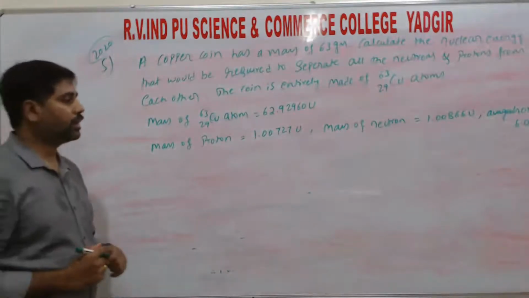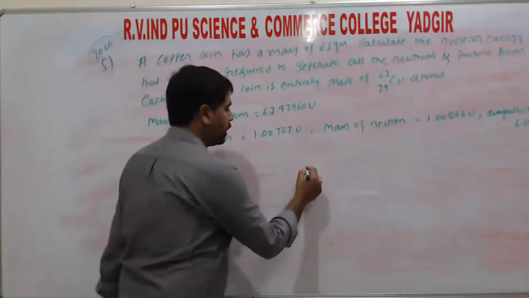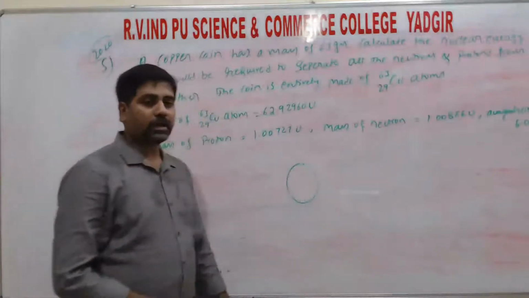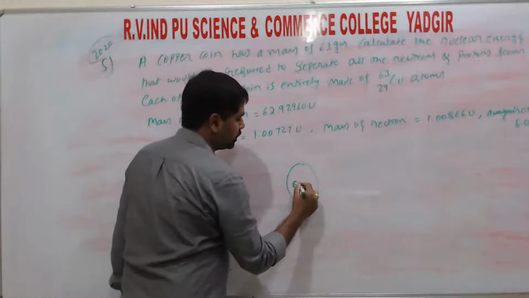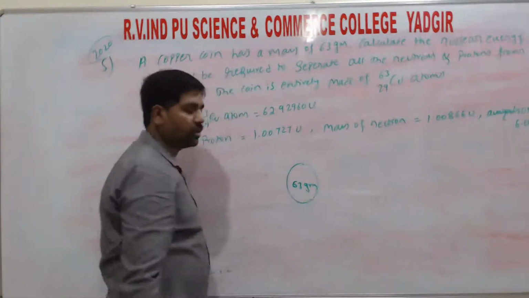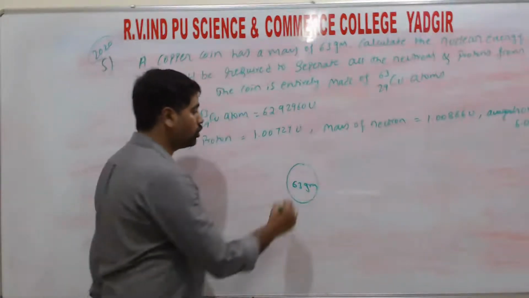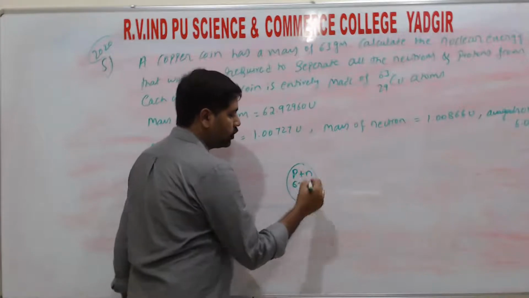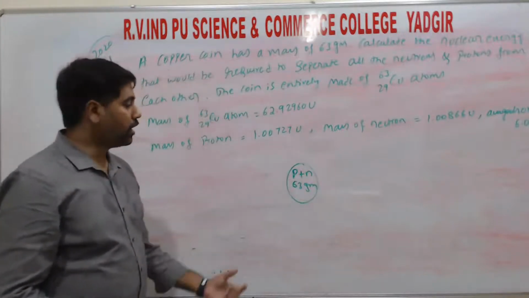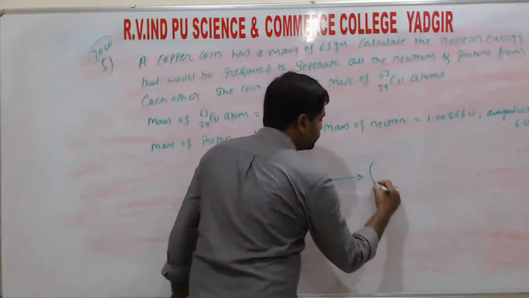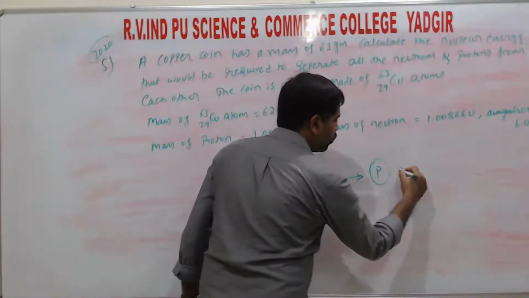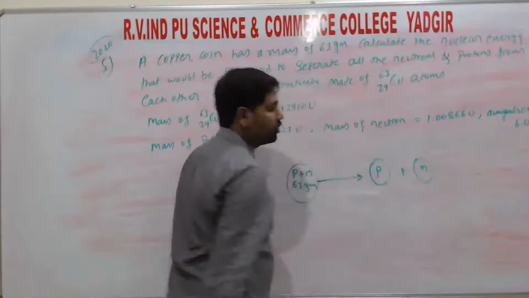Right, so here is the given one copper coin, right? So this copper coin consists of atoms having the mass 63 grams, right? So this consists of both protons plus neutrons, right? So here we are going to break these protons and neutrons into separate ones.